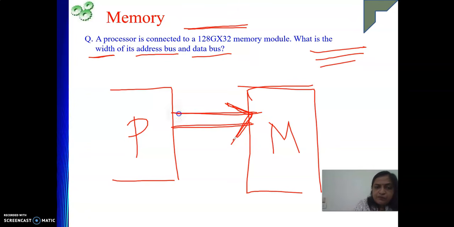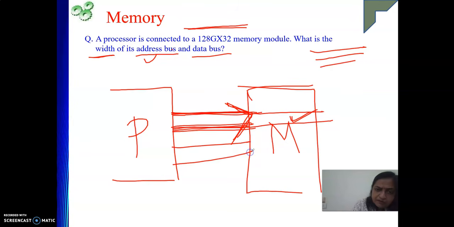This address will be given by the processor and the set of wires that carry this address is called the address bus. Then from this address, one location will be selected in the memory. Then from this selected location, you may give data to the processor, or the processor may give you some data to store in this location.